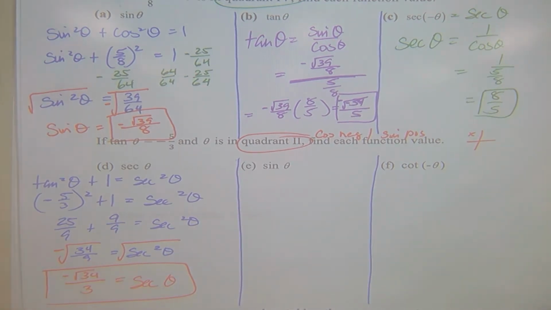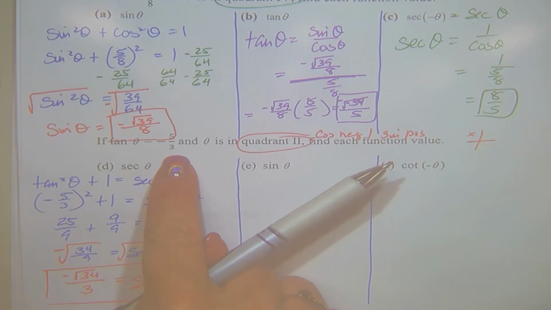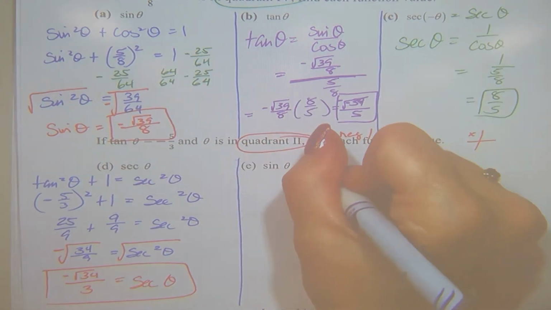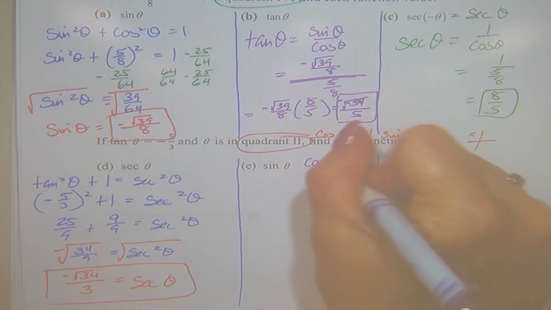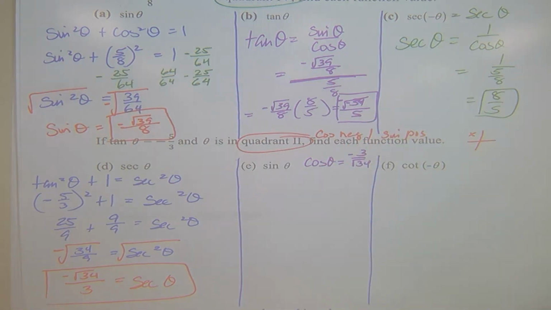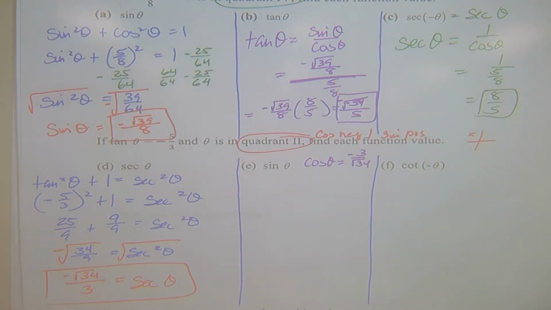Now I'm going to do sine theta, and I want to use one of my fundamental identities to find sine theta. I know tangent, and I know cosine, because cosine is the reciprocal of secant. So if cosine theta is negative 3 over square root 34, we're not going to mess with rationalizing that denominator until the end, because that may not remain my denominator.